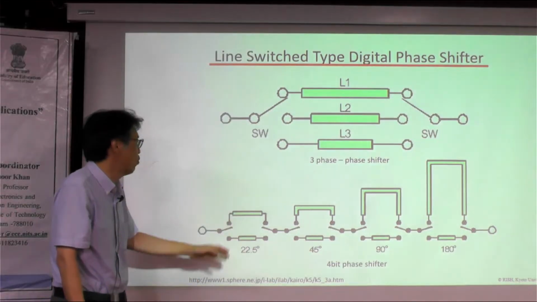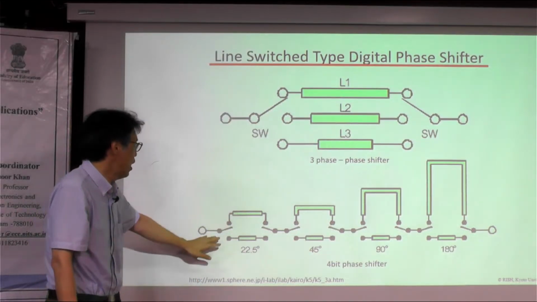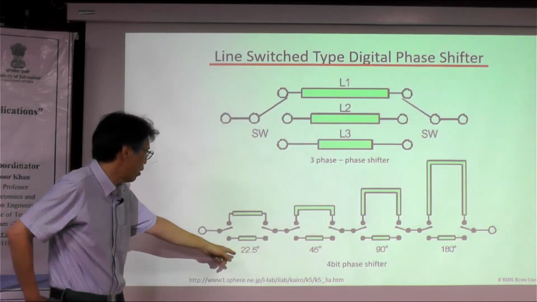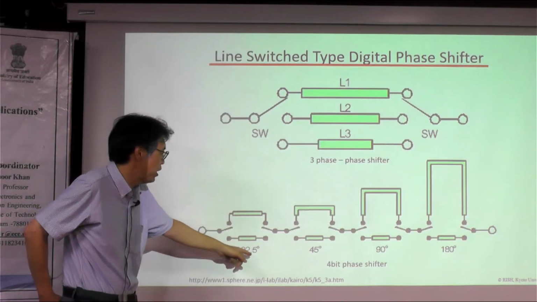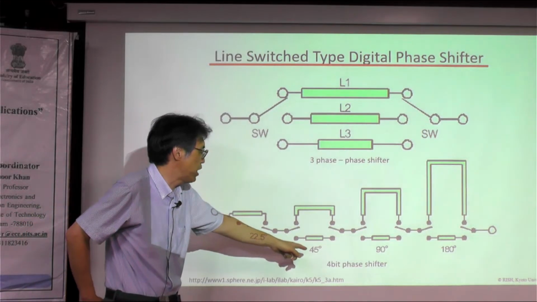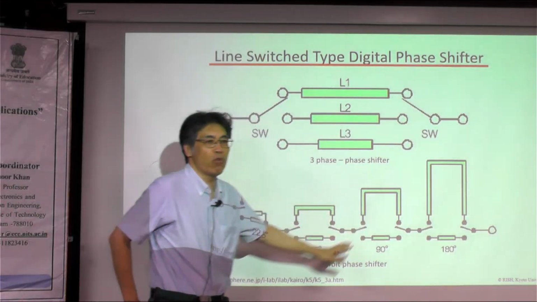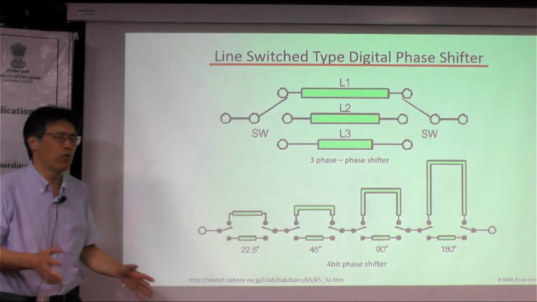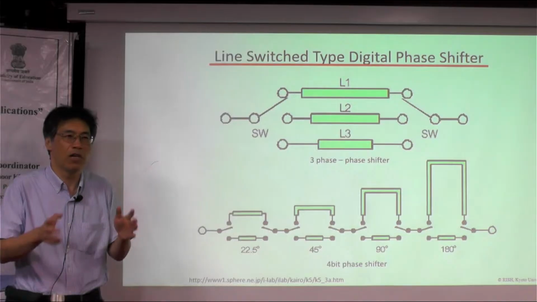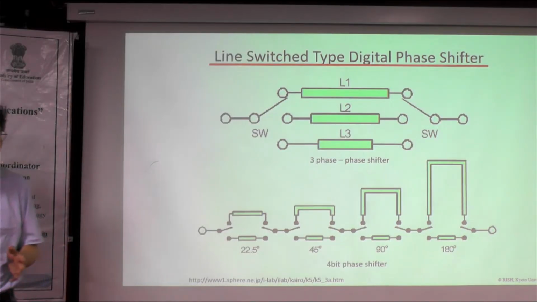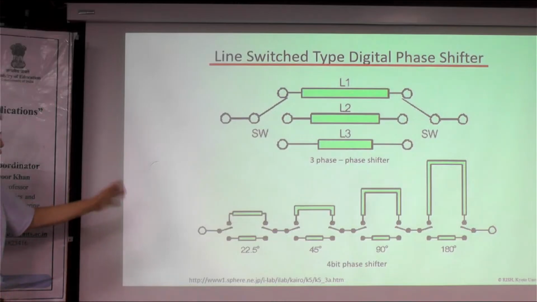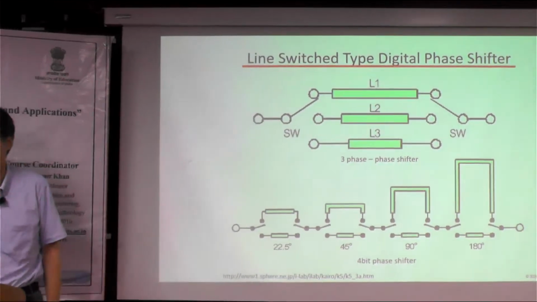And we combine these lines, like a 22.5 degree line, a 45 degree line, a 90 degree line, etc. And in total we can control all the phase from 0 to 360 degrees in this phased array.